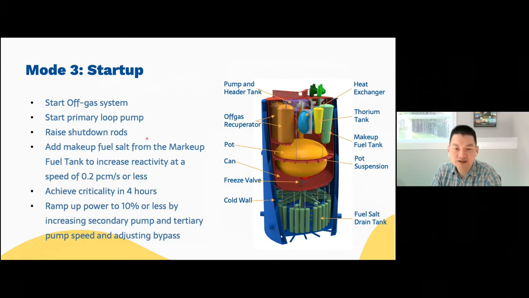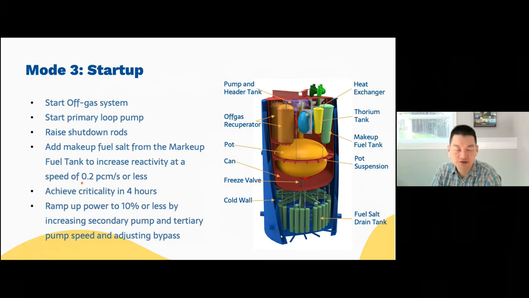So how do we achieve criticality? We do that by adding makeup fuel salt from the makeup fuel tank, which is here. We'll keep adding additional fuel salt into the system until it reaches criticality. Now there's a limit for adding additional fuel.